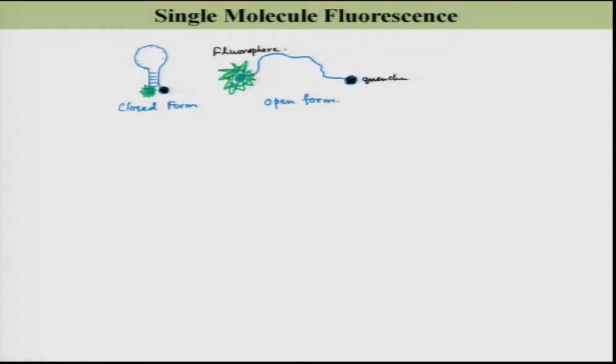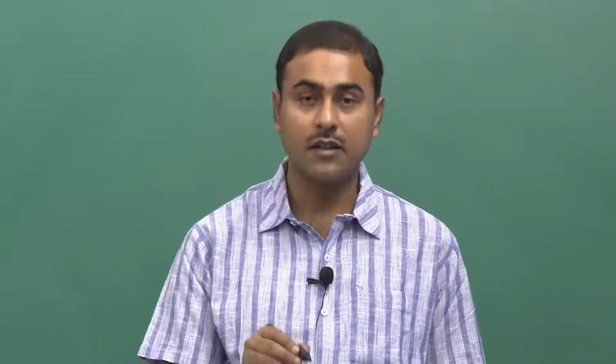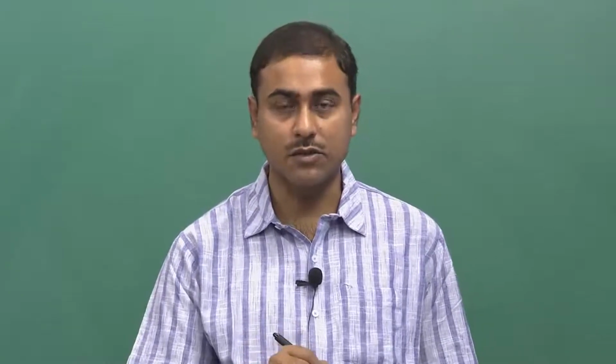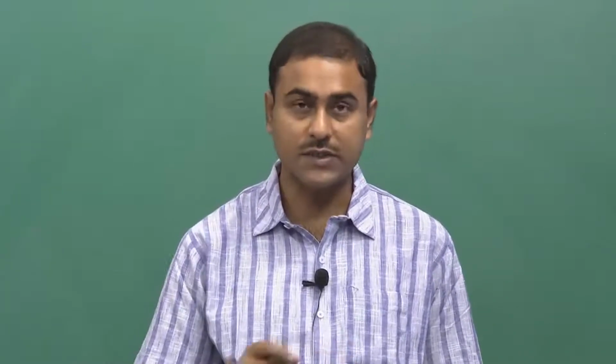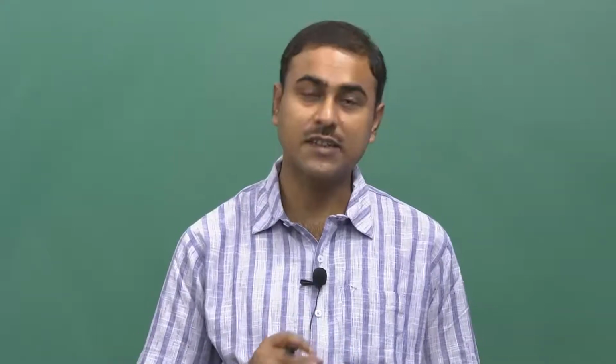Consider that I know the emission spectra of this closed form and this open form. Understandably, the fluorescence intensity of the closed form will be much smaller and the fluorescence intensity of the open form is much stronger.